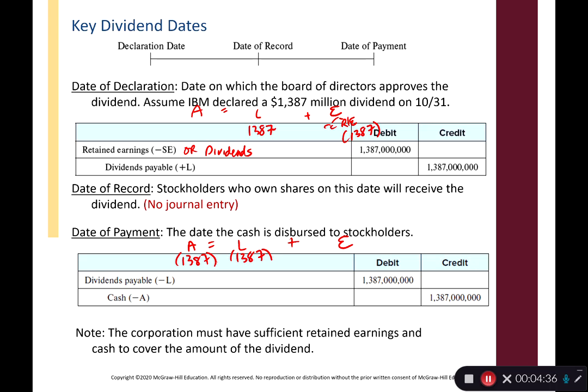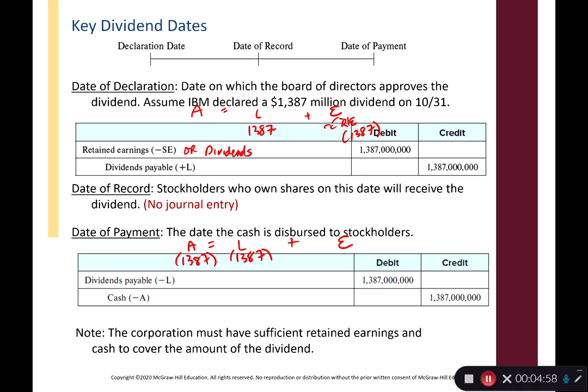Equity is impacted when the board of directors declares the dividend and makes the promise to pay. Then all that happens on the date of payment is the cash goes away and the liability goes away. Retained earnings isn't impacted at that point. The date of record requires no journal entry. It's simply the date that you need to own the shares in order to be paid the dividend.